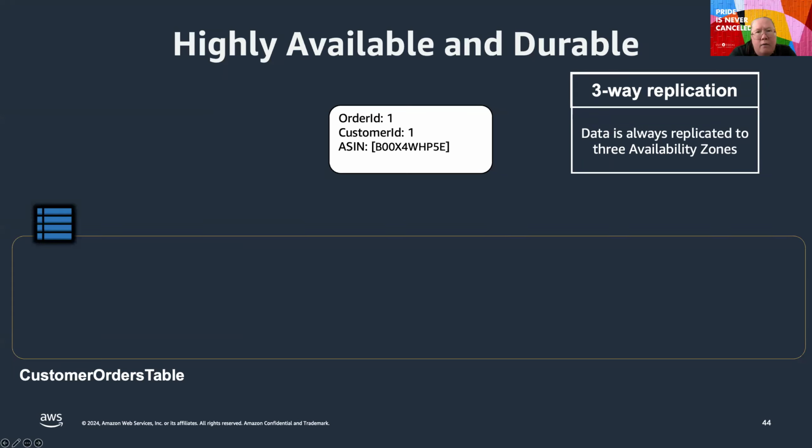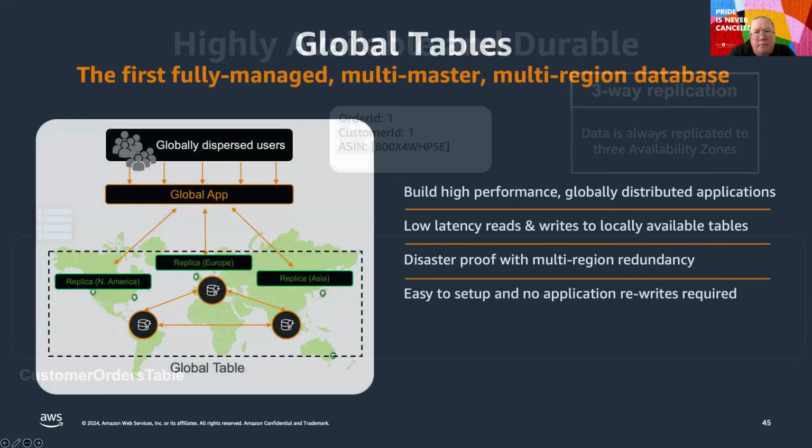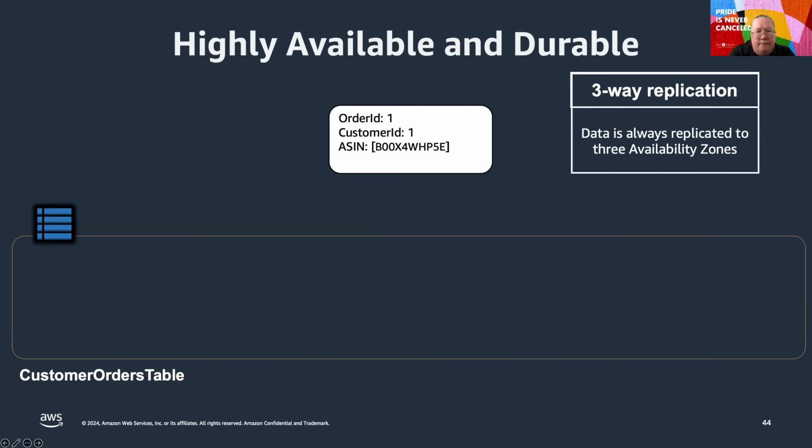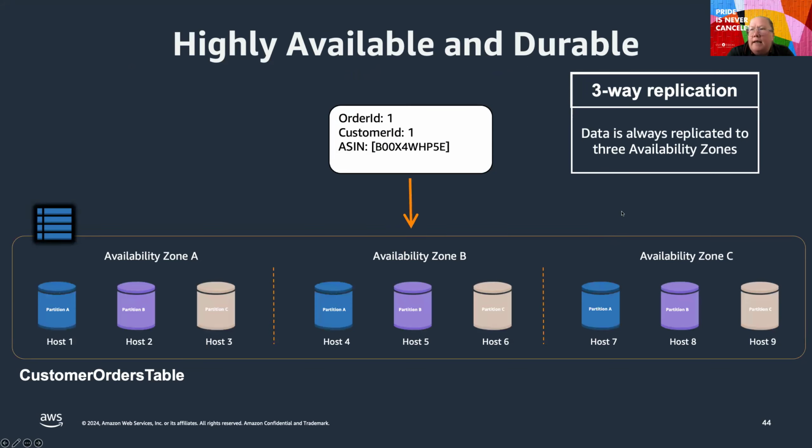If you look at the 3-way replication across the 3 availability zones, when you put data in your customer orders table in DynamoDB, it's basically placed in partitions, and it's placed in multiple zones.